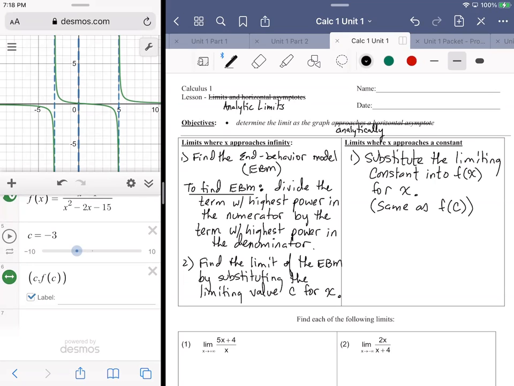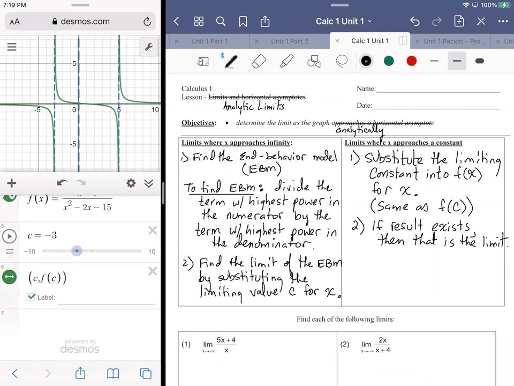You have two possibilities. All right, so in the second part, if the result exists, then that is your limit. All right, so exists as in it's defined, it's not imaginary, you know, it's an actual number, right?